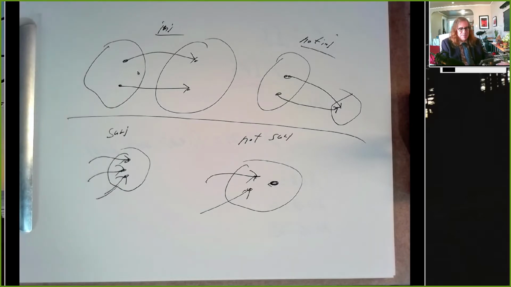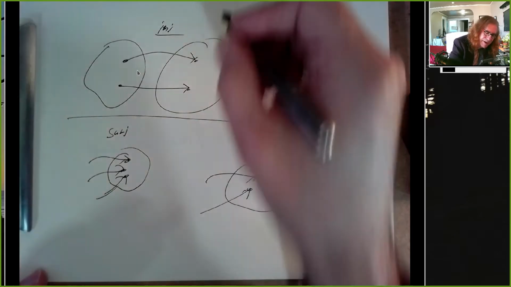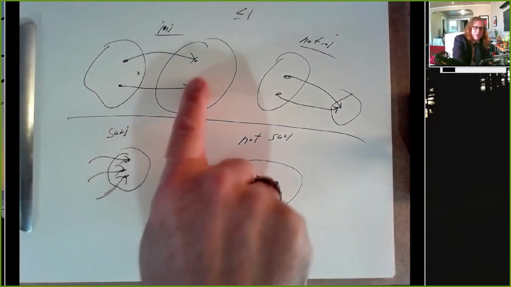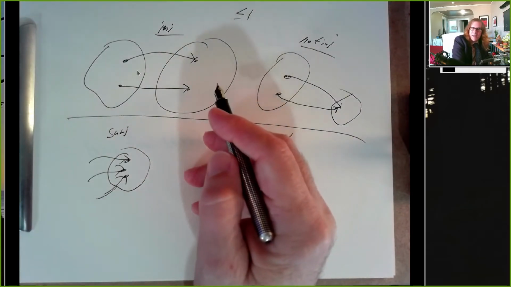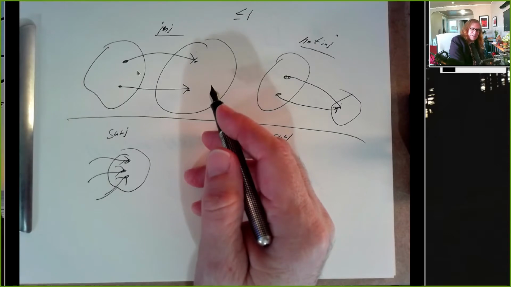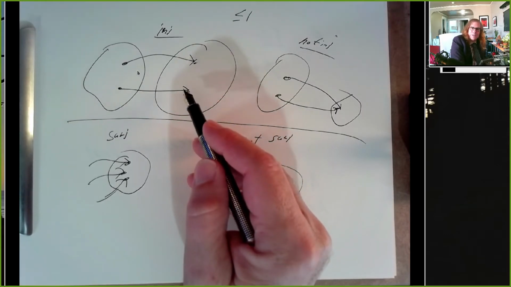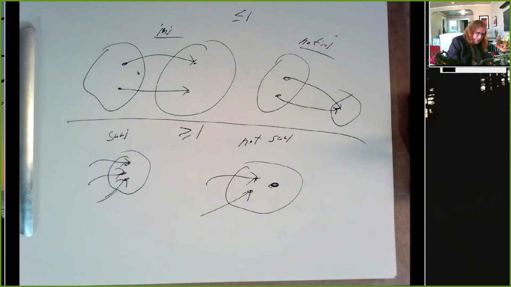The other way to think about this is if your function is injective, every point has less than or equal to one thing mapping to it, less than or equal to one arrow. We could have a point over here that's not mapped to, and it could still be an injective function. But every point is mapped to either 0 or 1 times. Surjective means every point is mapped to at least once.